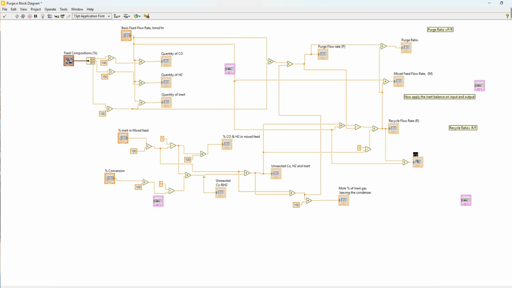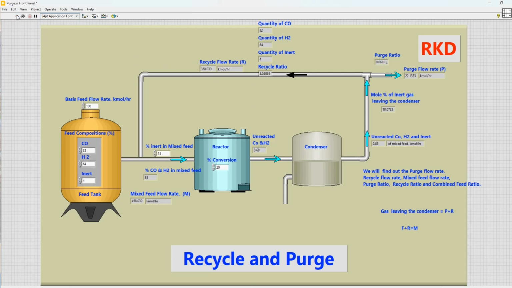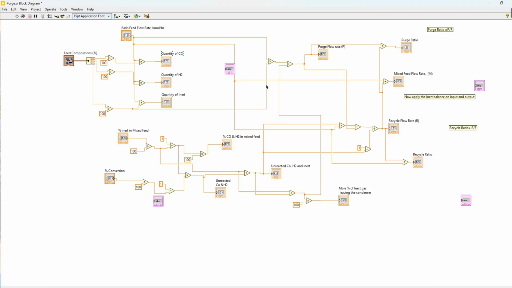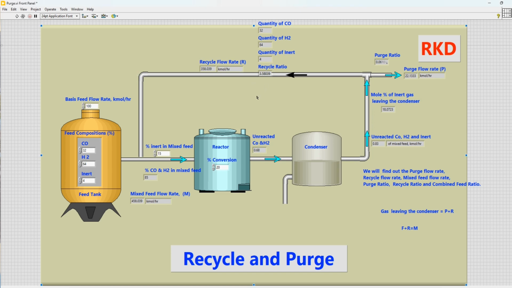This is your recycle ratio. So this is 58 something. So that would be here.